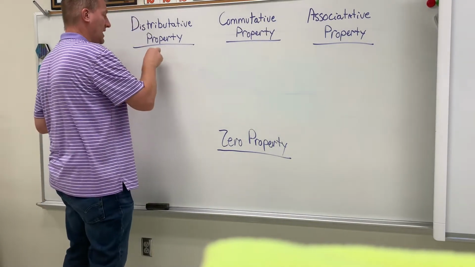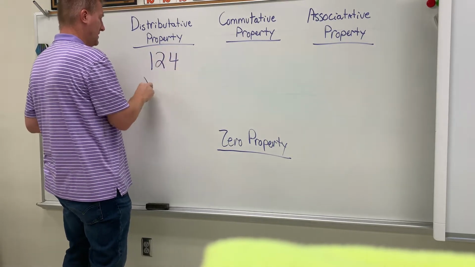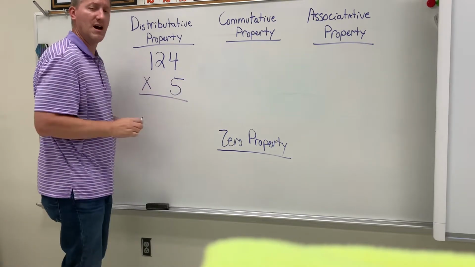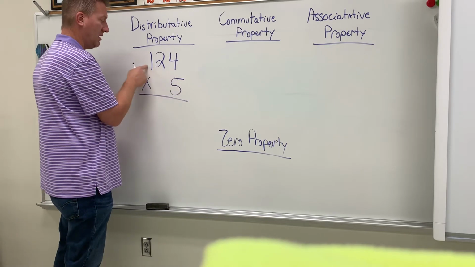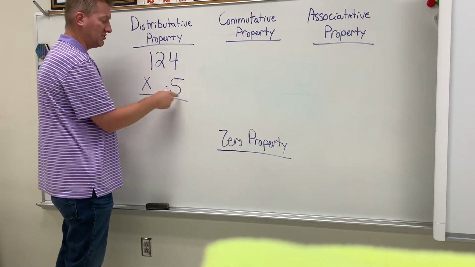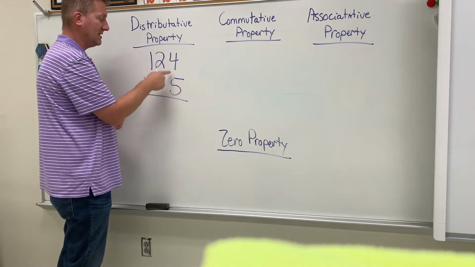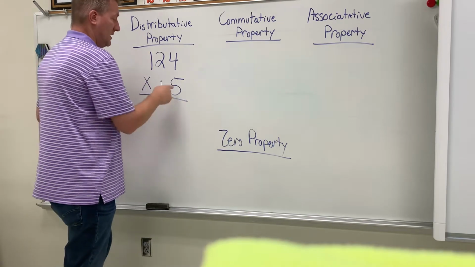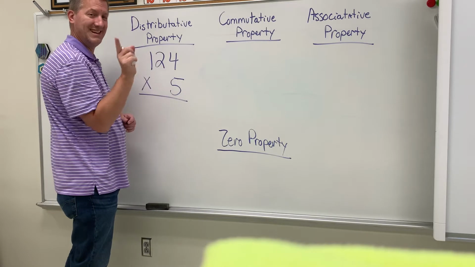So let's say we have 124 times 5. Okay, so now I'm going to distribute it to all of the place values. I'm going to distribute this 5, which we're multiplying by, to the 1s, to the 10s, and then to the 100s, okay? So first, 5 times 4 is 20.